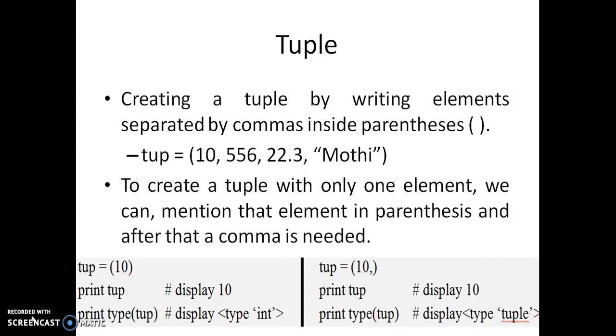So it considers this a collection of elements and creates it as a tuple. Print tup prints the 10. If you see the type of tup, then it gives the type as tuple. So it is created as a tuple. Whenever you are creating a tuple with one value, you need to give a comma after the element.